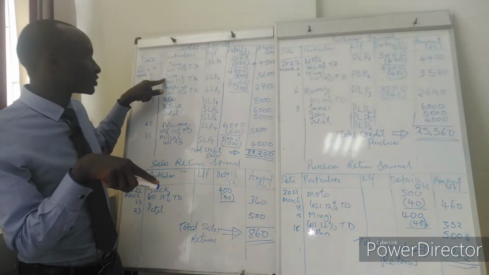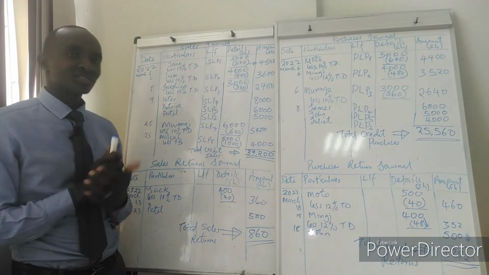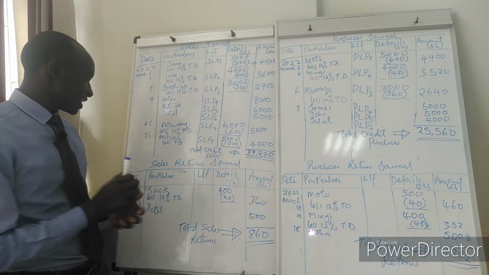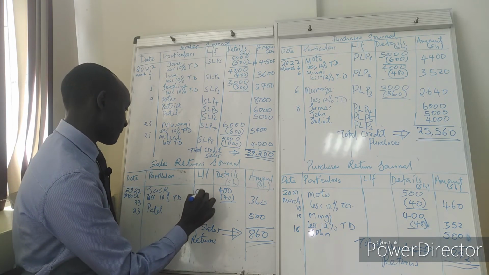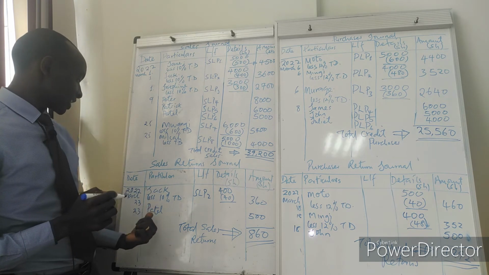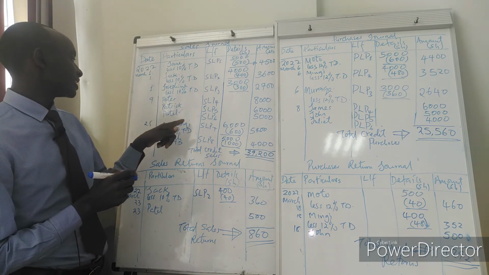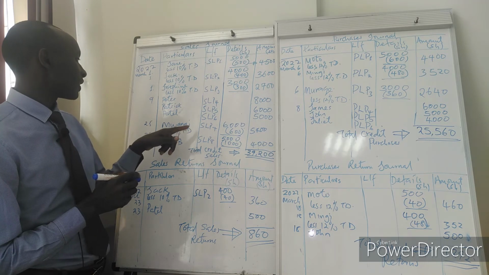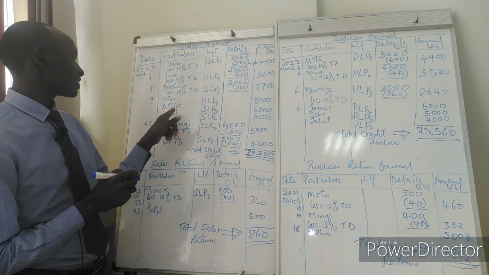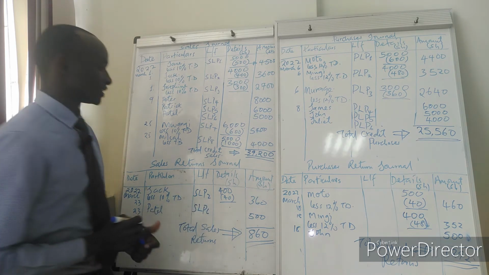So all entries of Jack will be entered in sales ledger, page 2, where the account of Jack is. Are you together? And then for Patel, under the sales ledger, page 6, we have an account of Patel.